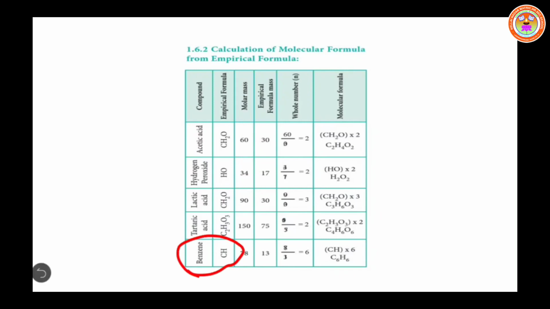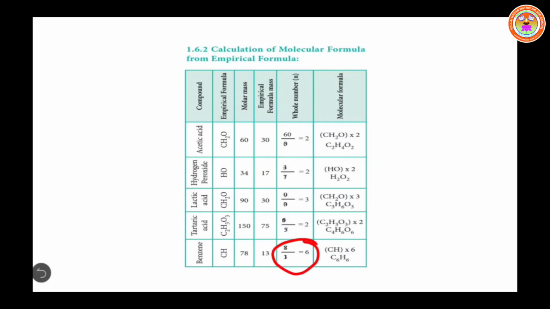Then next we can see benzene. The empirical formula of benzene is CH. Its molar mass is 78. Empirical formula mass: for carbon it is 12, hydrogen 1, so 12 plus 1 is 13. The empirical formula mass of benzene is 13. The next N value: N is equal to molar mass divided by empirical formula mass.